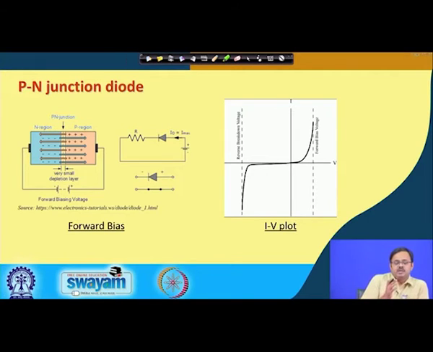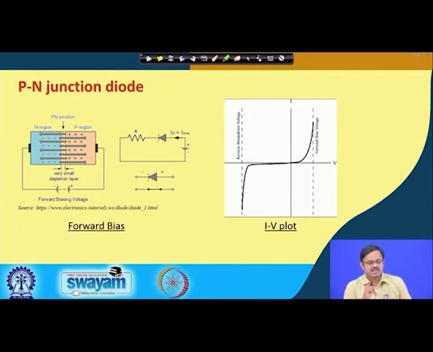However, if you reverse the direction of the applied voltage, or in other words, you connect the positive terminal of your external voltage source to the P side and the negative terminal to the N side, then what happens?